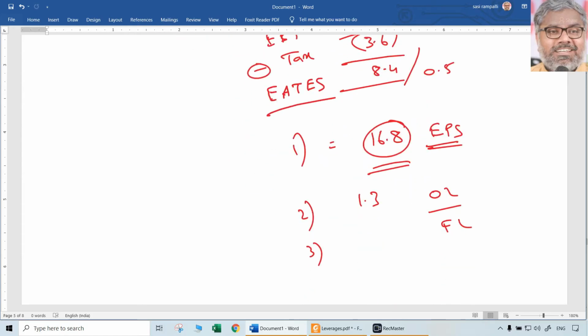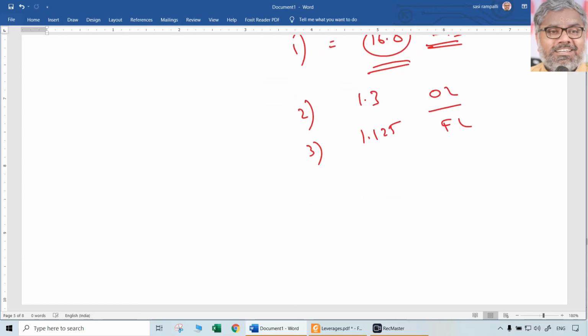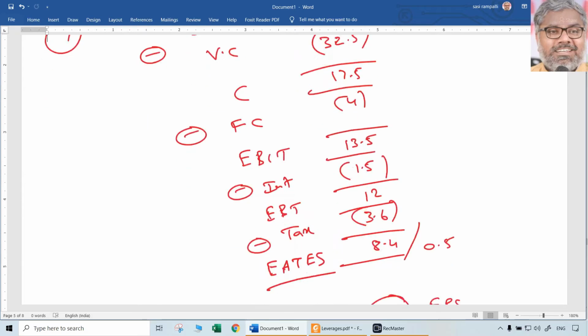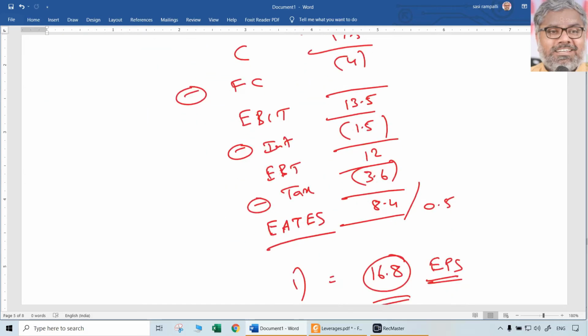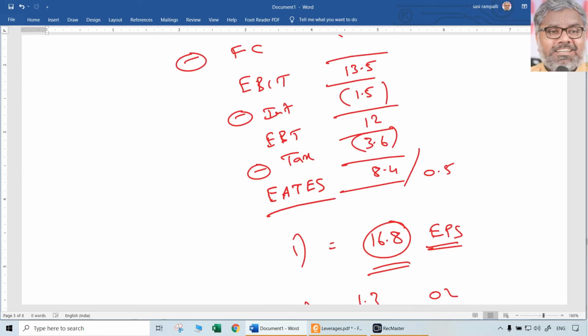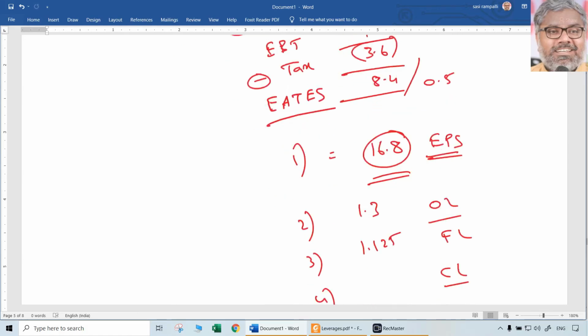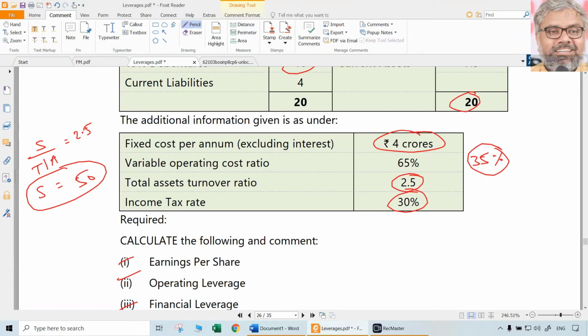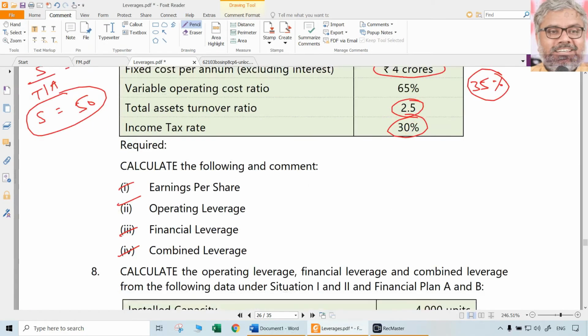That is the advantage of having everything in one place. 1.125 is the financial leverage. Then the fourth one, combined leverage: directly we can say contribution divided by EBT. So 17.5 divided by 12 means approximately 1.46. These are the answers for question number 7.